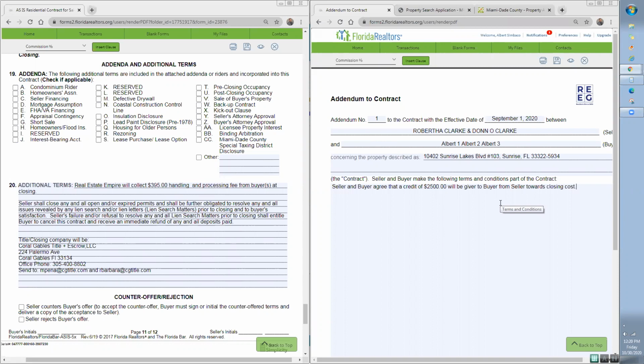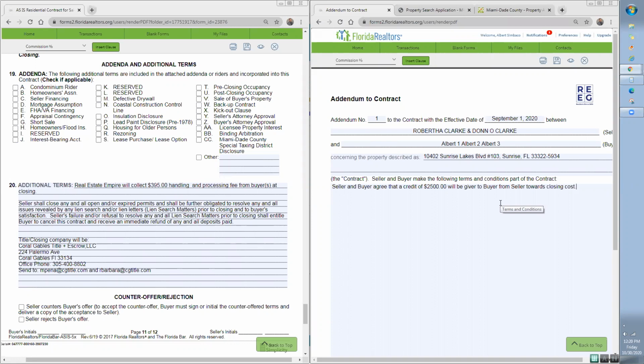Right? For instance, I had an addendum where the bars of the windows of a property needed to be removed. So I made an addendum stating seller agrees to remove bars from window in order to obtain approval for finance, right? There's no type of addendum for that type of issue.